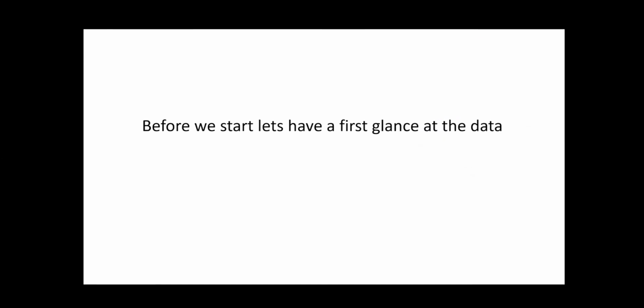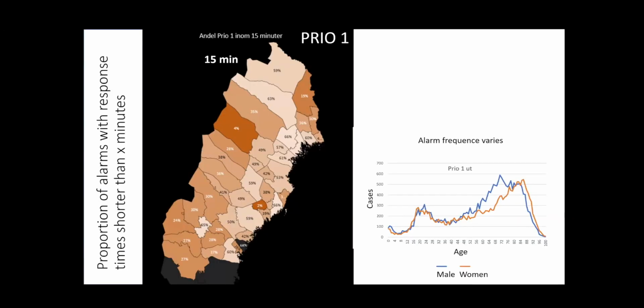But before we start, I want to show you some real data. What you have on the left here, the big picture, is again northern Sweden, and within each area you see the proportion of alarms.